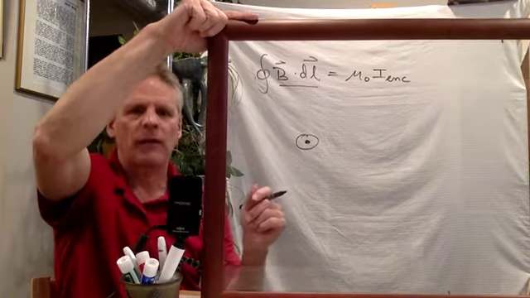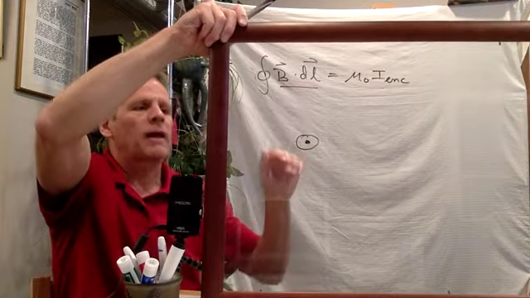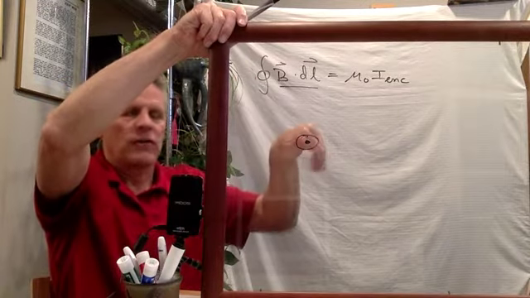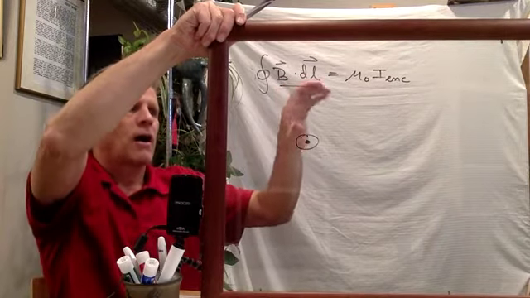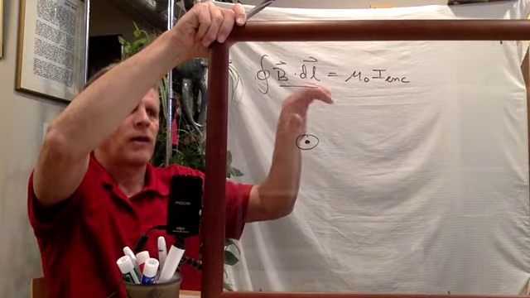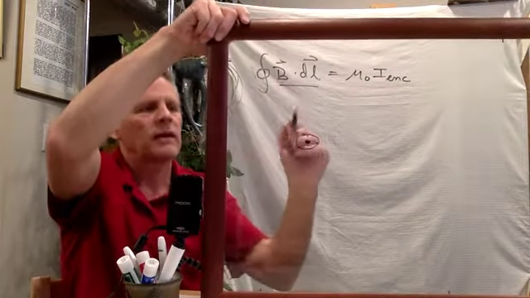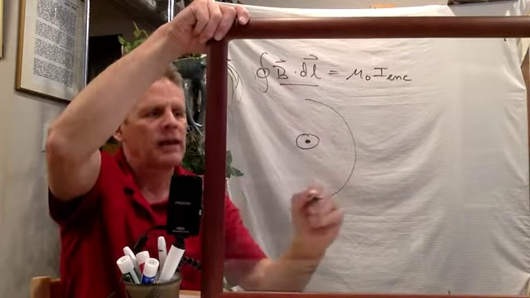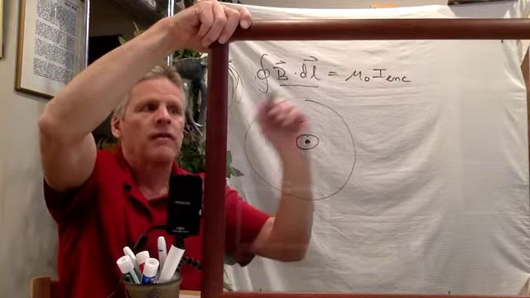Let's do what we expect first. Just from our rule of thumb, if the current is going in this direction, with our thumb in that direction, our right-hand rule says our fingers will curl in the direction of the magnetic field. So we expect a magnetic field that will go in field lines that are circular.